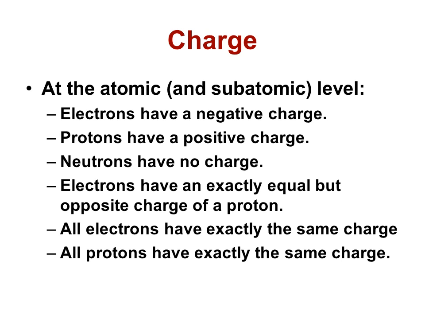Neutrons have no charge. All these charges are exactly equal. Every electron has exactly the same charge, and every proton has the opposite exact charge. So all protons are exactly alike, and all electrons are exactly alike.